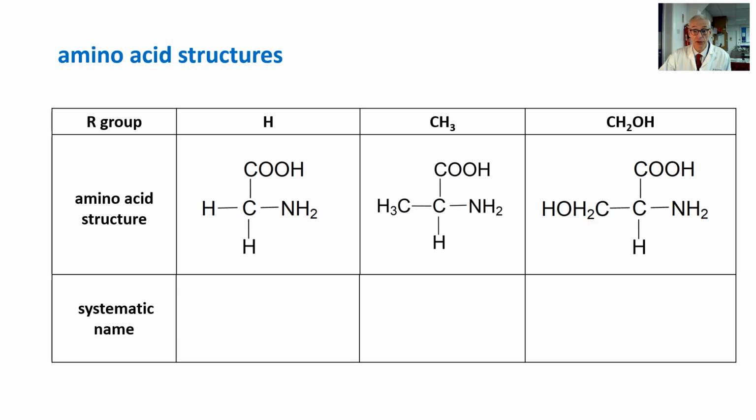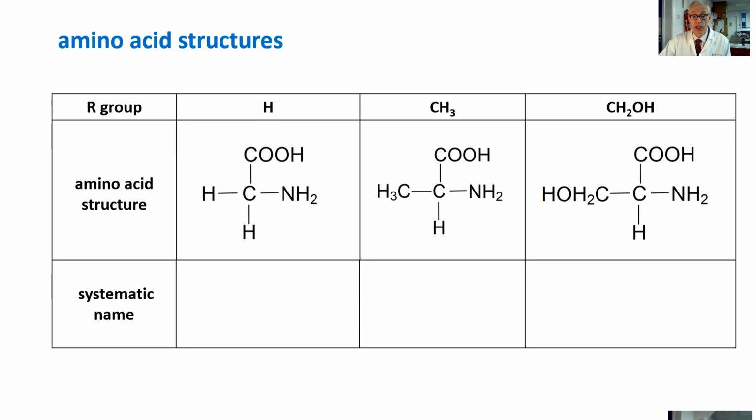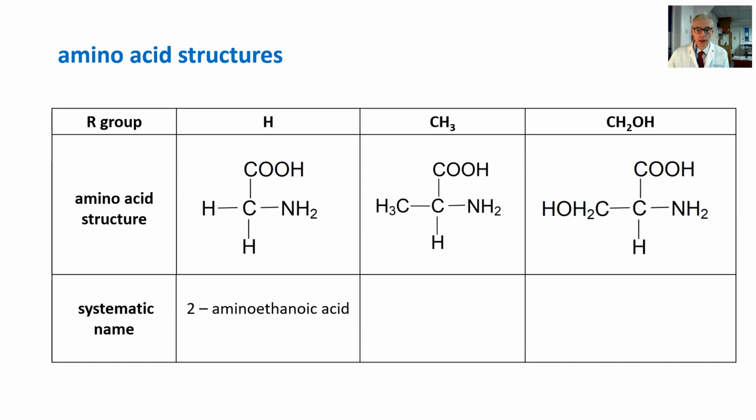Let's look at the names. I'm going to reveal the first name. So we can see, if we explain 2-aminoethanoic acid, I need to identify the longest carbon chain. It starts at the carboxyl group, so that's carbon number 1, carbon number 2. So 2 carbons explains the ethanoic acid, and on the second carbon we have an amino group, so that explains the 2-aminoethanoic acid.